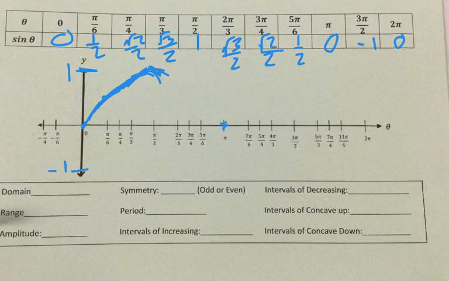And then I'm back down till I get to pi. Then at 3 pi over 2, I'm at negative 1. And then at 2 pi, I'm back to 0.